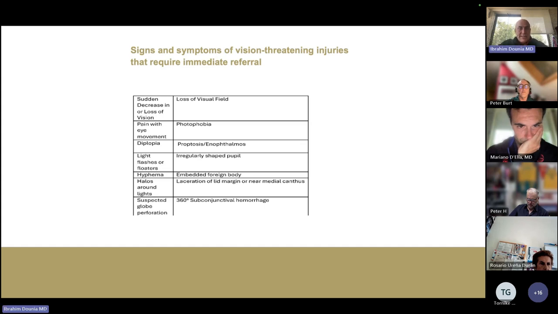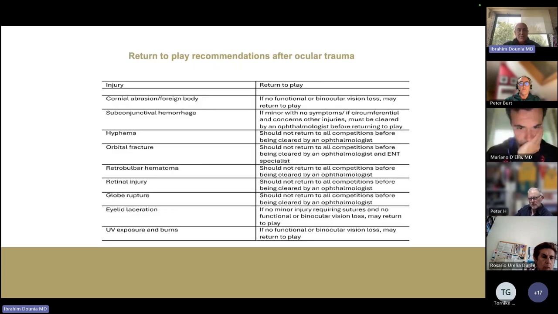Any sudden decrease or loss of vision, any loss of visual field, any pain with eye movement, any photophobia, any double vision, any proptosis or enophthalmos, any light flashes or floaters or irregular shaped pupil, any hyphema, any embedded foreign body, any halos around lights, any laceration of the lid margin or medial canthus, any suspected globe perforation or 360 subconjunctival hemorrhage.